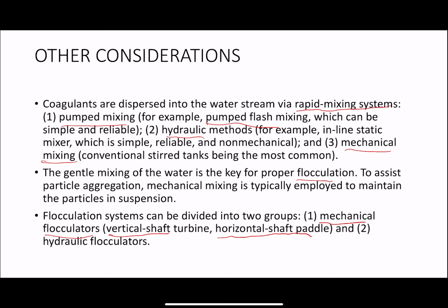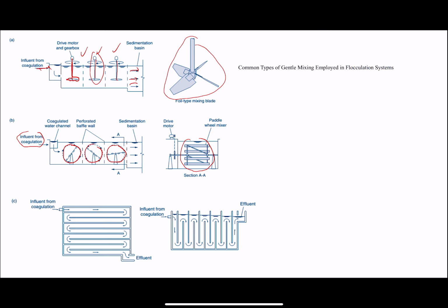The last one is hydraulic flocculators. You can see in the hydraulic flocculators there is no vertical shaft and there is no horizontal shaft. The water is coming from the coagulation process and moving. Here there is no energy and there are no mixing blades.